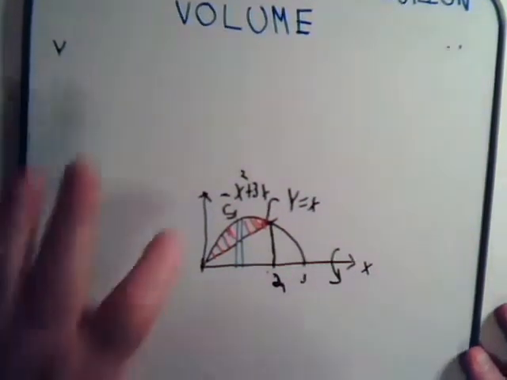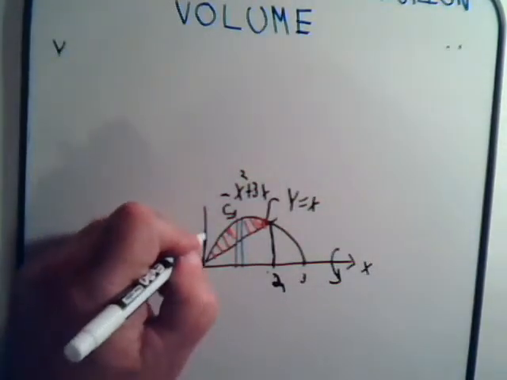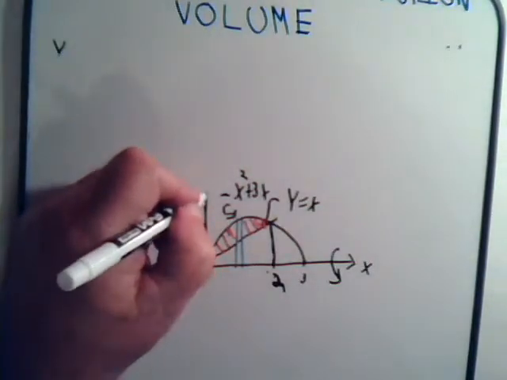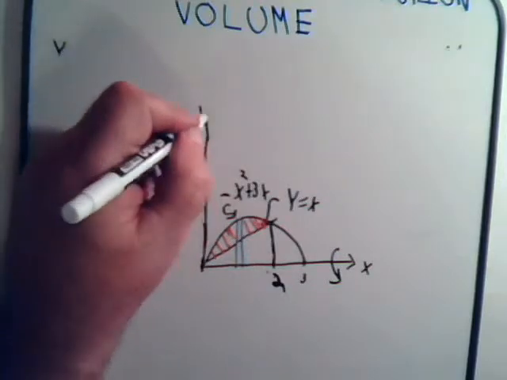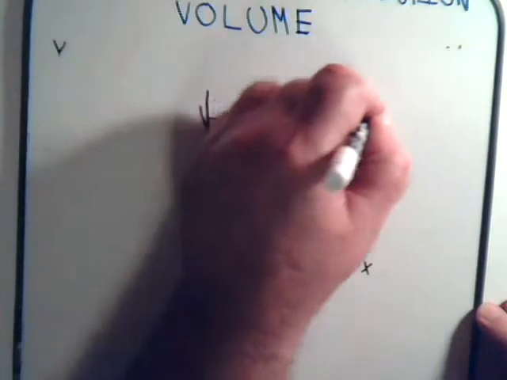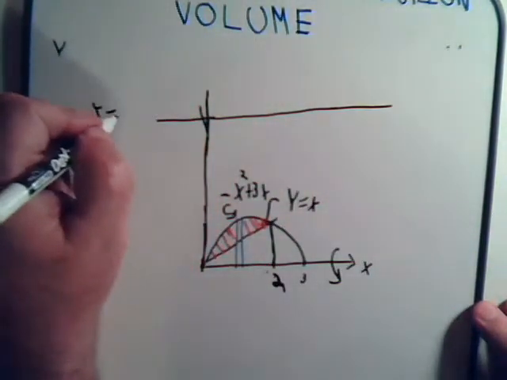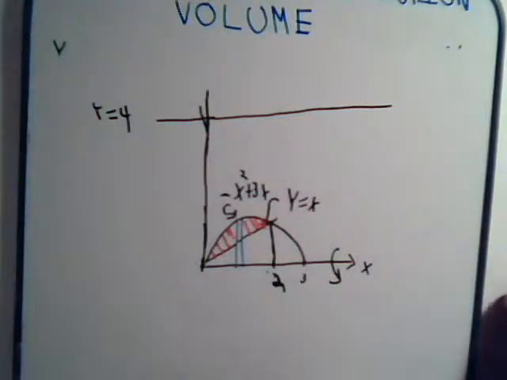Okay, here's our basic graph. Now we're going like this. We can draw it reasonably straight. And here we have the line y equals 4, our new axis of rotation.